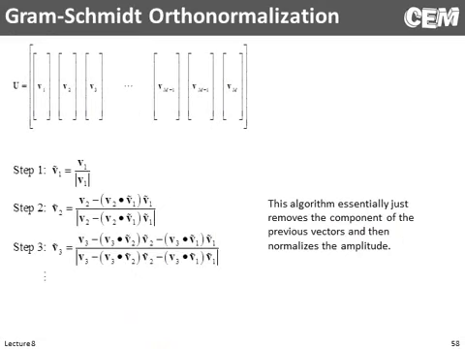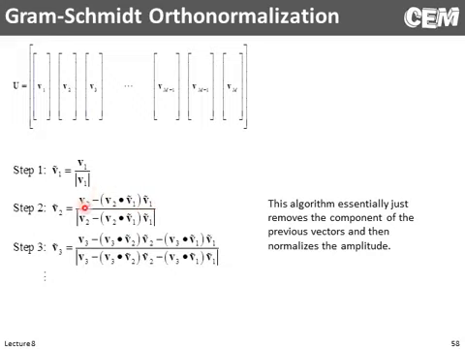Here's a small taste of how that algorithm works. We look at the first eigenvector in the matrix U, and we divide it by its magnitude. So the magnitude of V1 will just be 1. Then we look at the second eigenvector. This little expression here is the projection of V2 onto vector V1.